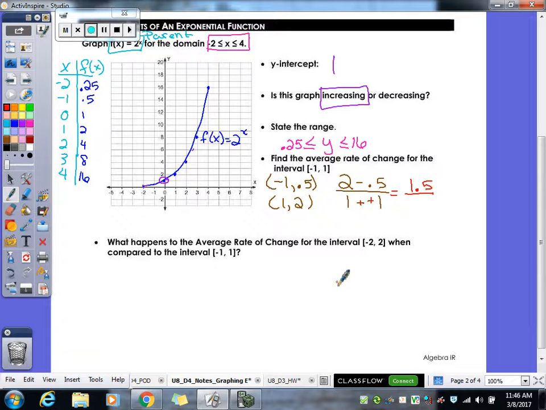Down below there, we're going to end up adding, so 1 plus 1 gives us 2. So then divide those. What's 1.5 divided by 2? 0.75. So there's our average rate of change from -1 to +1. Yep, or you could write it as 3/4. You can also leave it as 0.75.